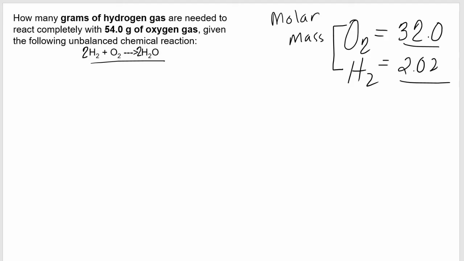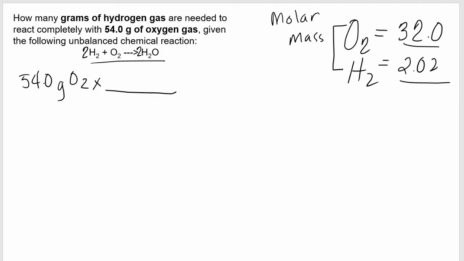So we will have a balanced equation. Okay, first thing is we have to identify the given, which is 54.0 grams of oxygen. And we want to convert this one into moles of oxygen.